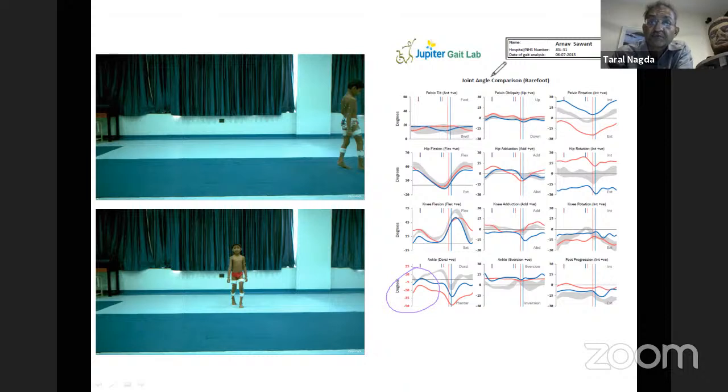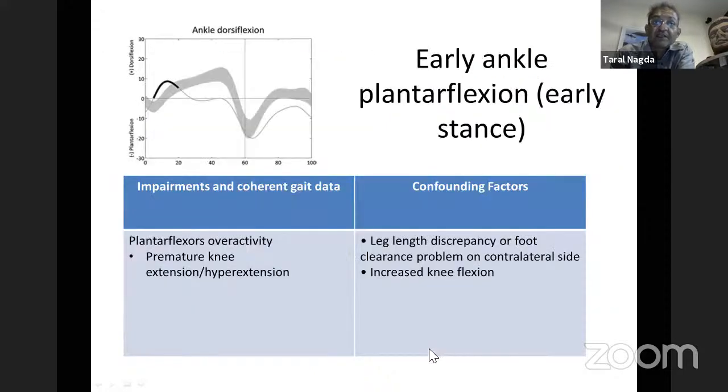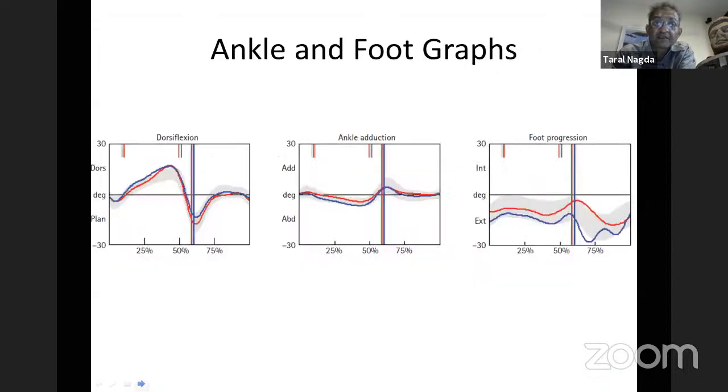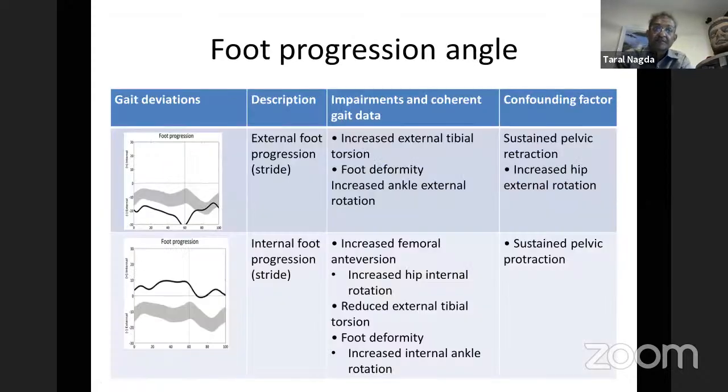So this was because of calf spasticity in this child, and injecting Botox in the calf reversed the gait of this child. Early ankle plantar flexion can be caused again by calf spasticity, and that was also seen in the previous case. There was ankle plantar flexion to start with, and then it continued with the next.